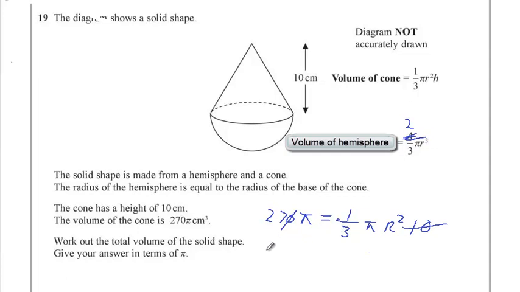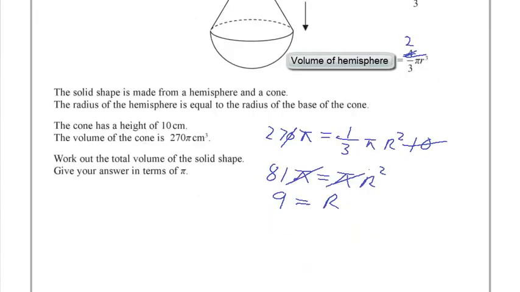So 3 7s are 21, 3 20s are 60, 60 and 21, 81. 81 pi equals pi r squared. Now, these pi's are going to disappear. We can divide both sides by pi. 81 equals r squared, so r must be 9, the square root of 81. So that's our radius.